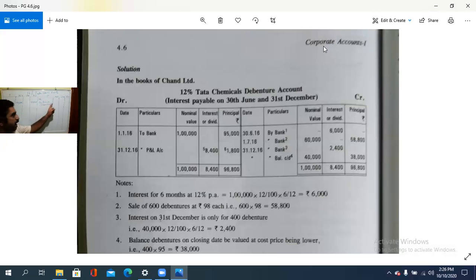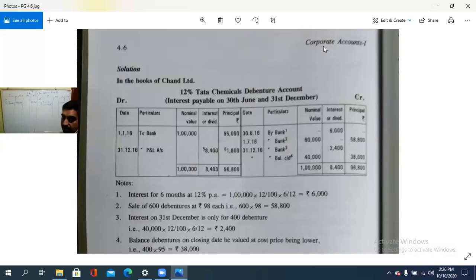So that is interest for 6 months. When is the next 6 months? When December comes. So date is compulsory in this type of question. So on 1/1/16, there is Tata debenture account debit to bank. The nominal value is this and the principal value is this, and by bank, how much is the interest? It is 6,000.